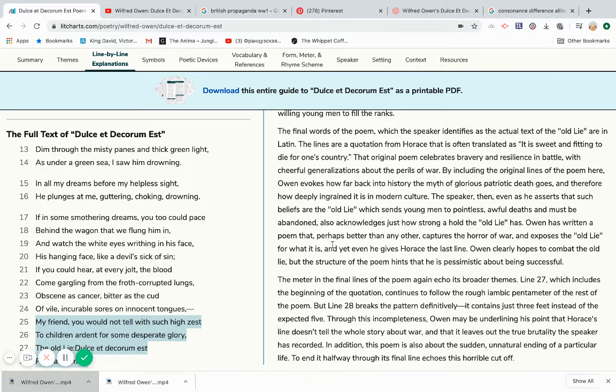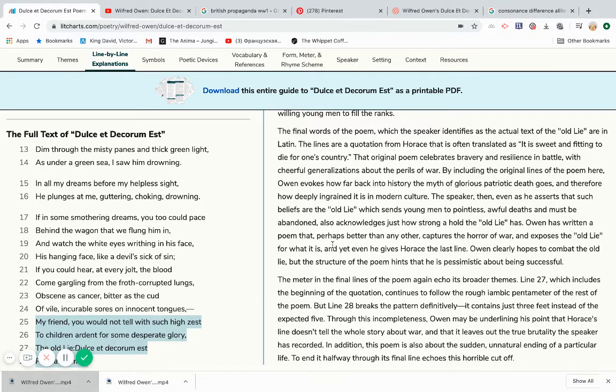By including the original lines of the poem here, Owen evokes how far back into history the myth of glorious patriotic death goes, and therefore how deeply ingrained it is in modern culture. The speaker then, even as he asserts that such beliefs are the old lie, which sends young men to pointless, awful deaths and must be abandoned, also acknowledges just how strong a hold the old lie has.